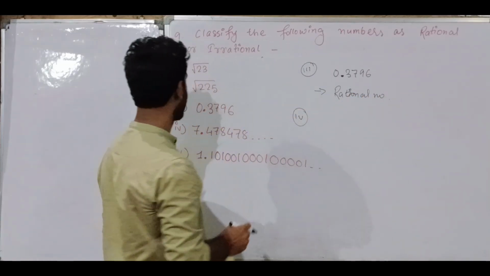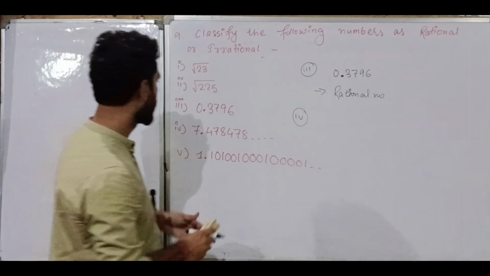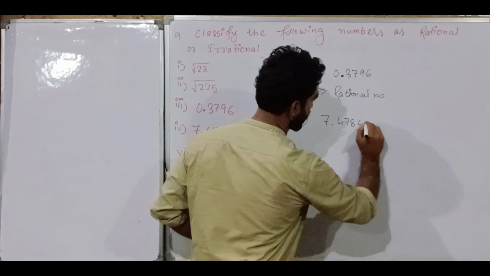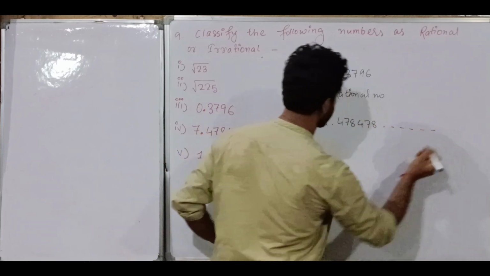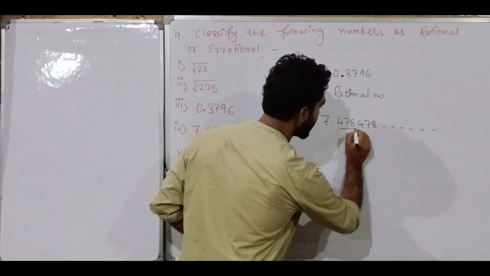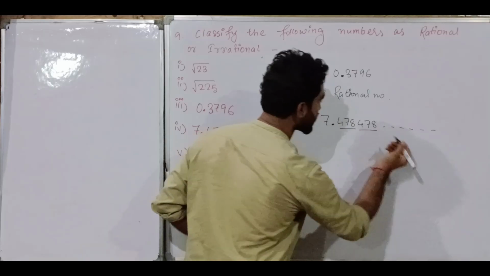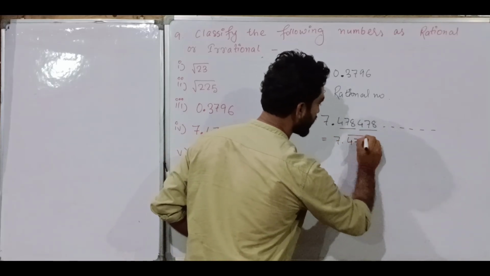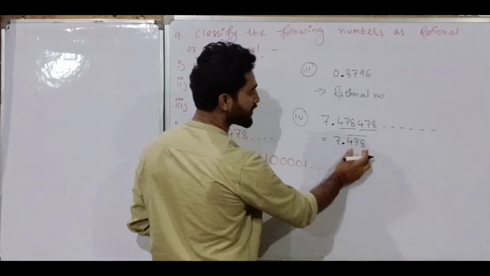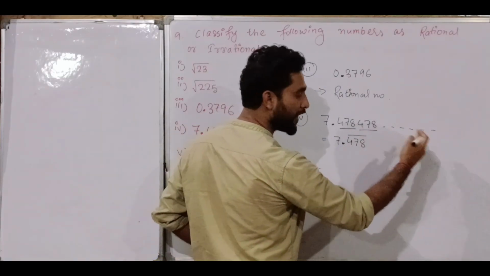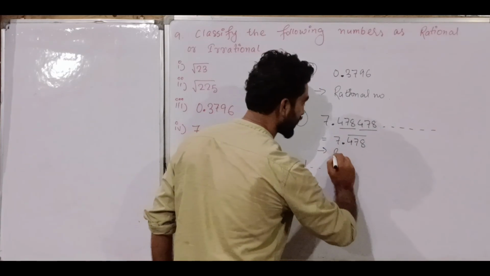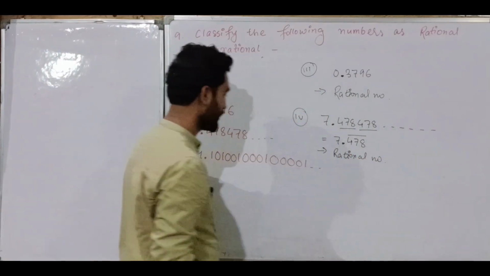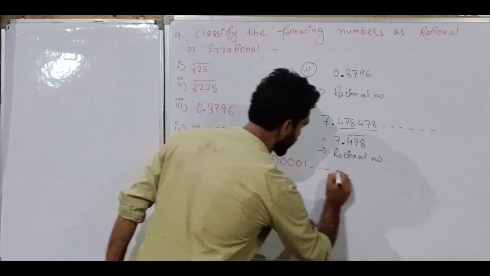Now the number 4: 7 point, here you see, 7.478478 like this. Here clearly we can see that these three digits are repeating. So 7.478 bar. Since the digits are non-terminating but repeating, it is also an example of a rational number.